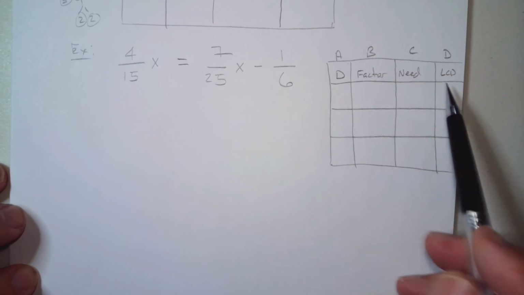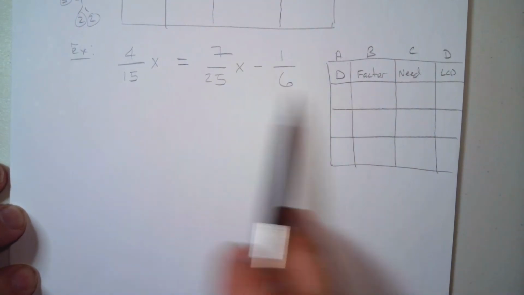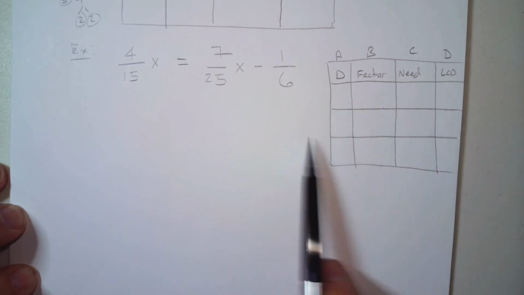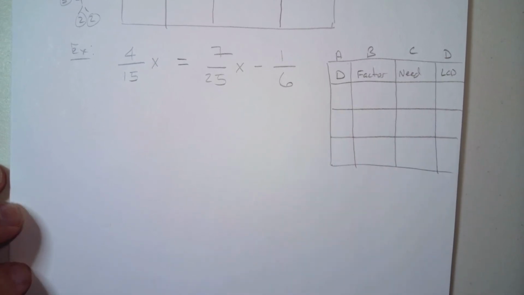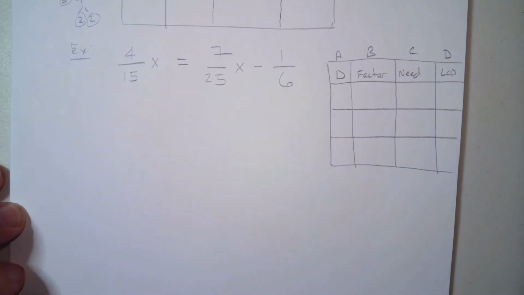Once you have your heading set up, since you have 3 denominators, you need 2 lines. That separates into 3 areas. If you had 5 denominators, you need 4 lines.